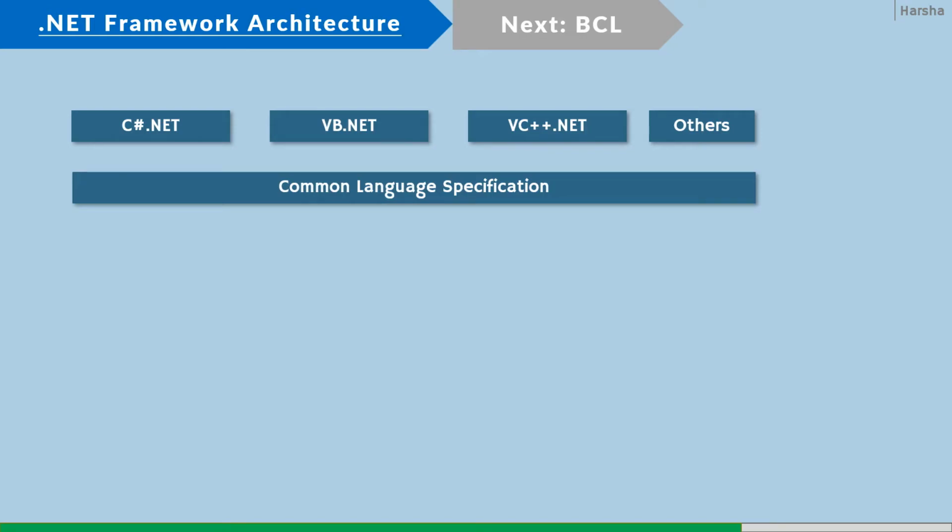C#.NET, VB.NET, and all .NET languages are developed based on CLS, that is Common Language Specification. Common Language Specification is a set of rules or guidelines based on which all the .NET languages have been developed. We will discuss about CLS later in this lecture.